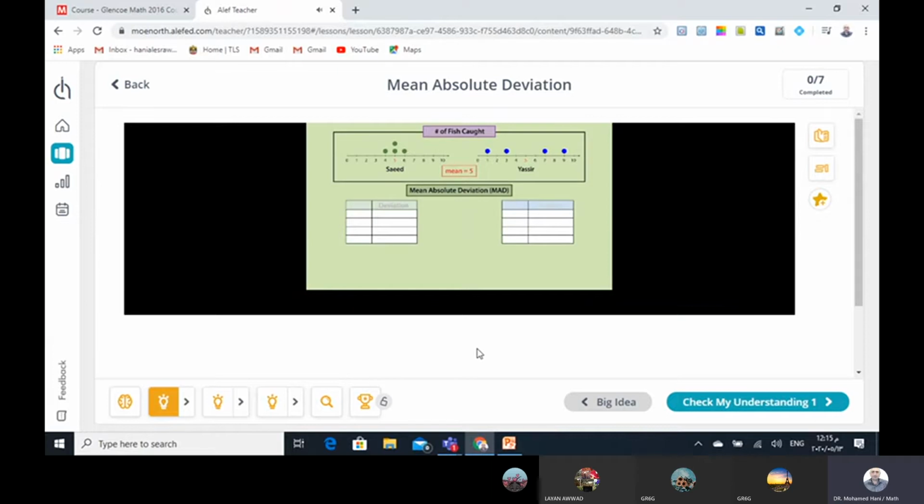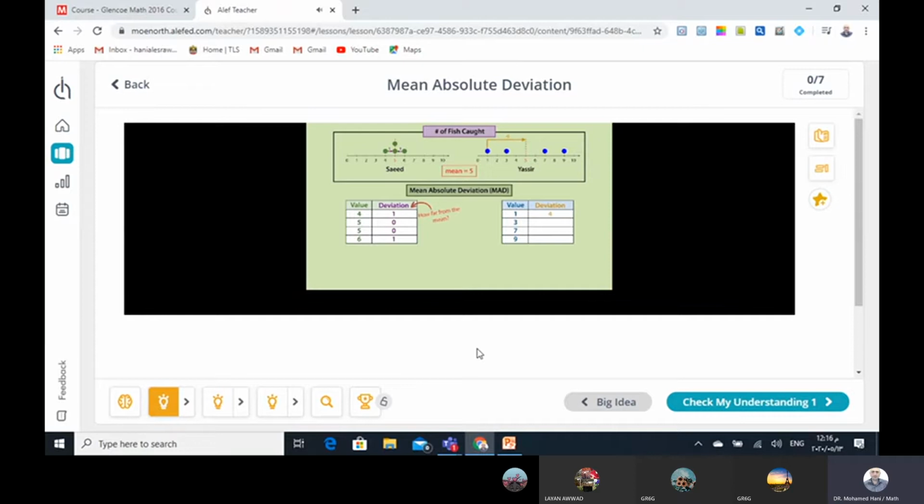First, we find the absolute deviation of each value, or how far each value is from the mean. 4 is 1 away. The 5s are the mean, so the distance is 0. 6 is 1 away.